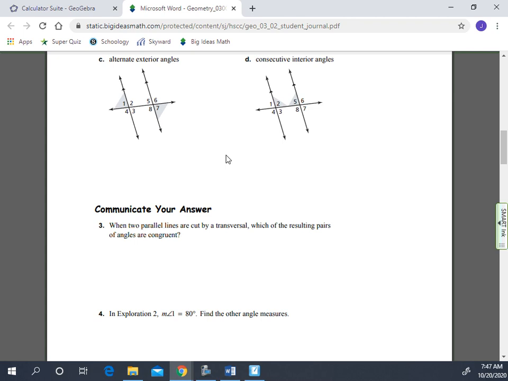Instead, they'll add up to 180. So these two angles, 2 and 5, they will add to 180. So consecutive interior will always add up to 180. They're not equal.